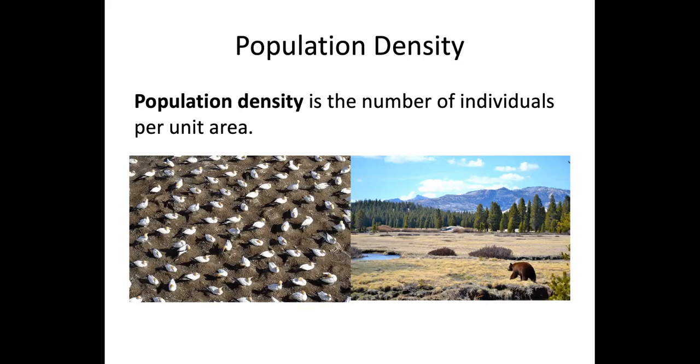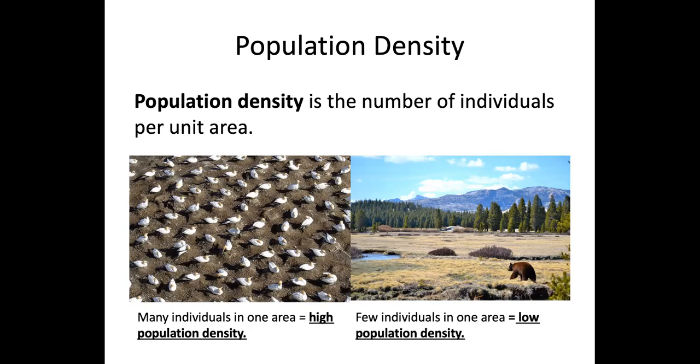One bear. So over here, many individuals in one area, that is considered a high population density. And then on the right, if there are fewer individuals in a particular area, that is considered to be a low population density.